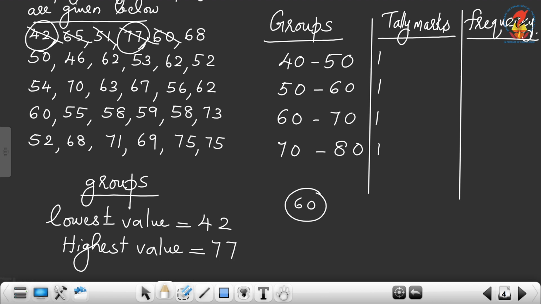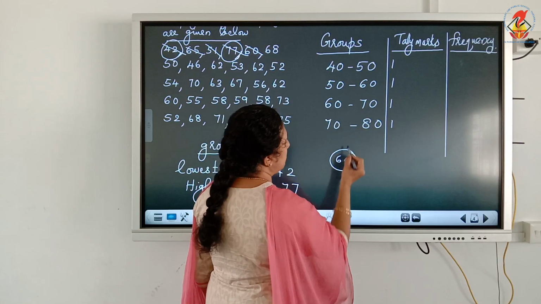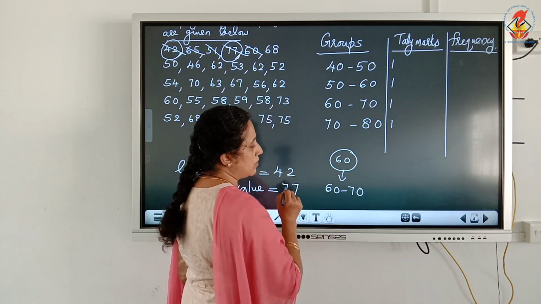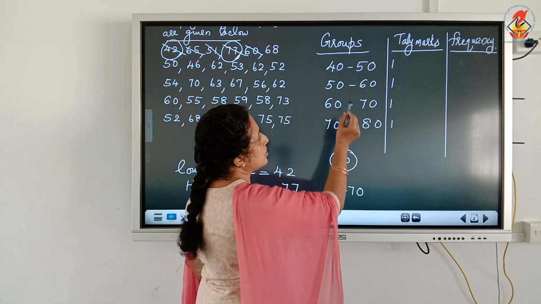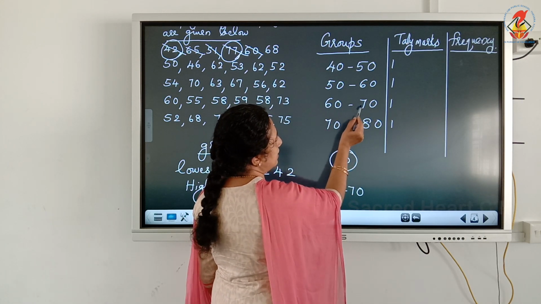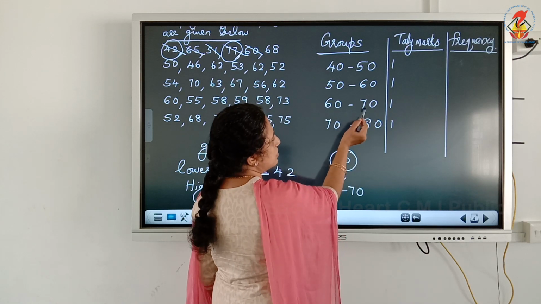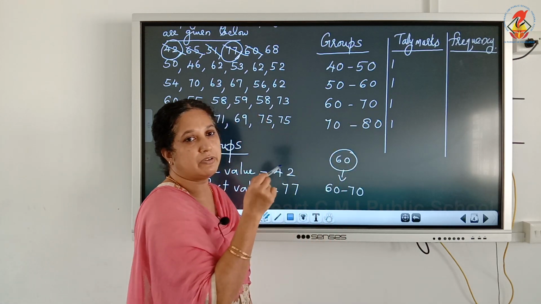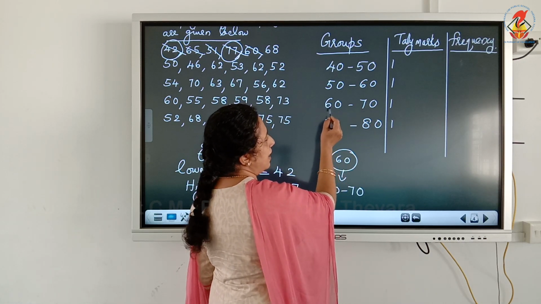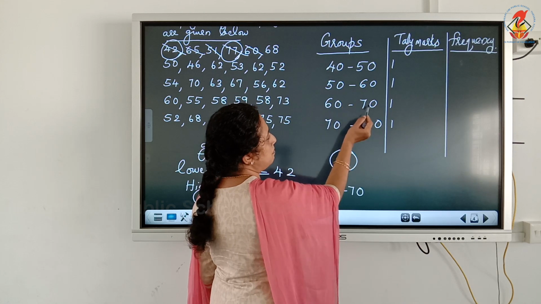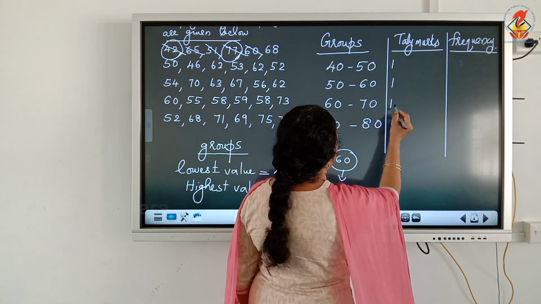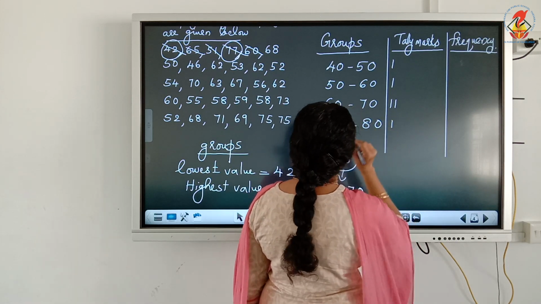So 60 belongs to the group 60 to 70. It is not in 50 to 60. So remember, 60 you have to enter in the group 60 to 70. Then put a vertical stroke.